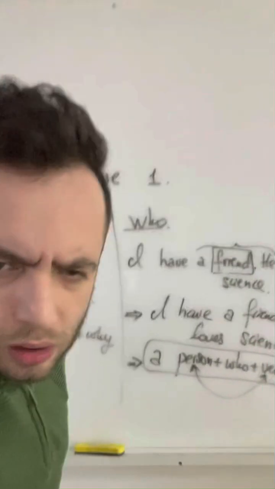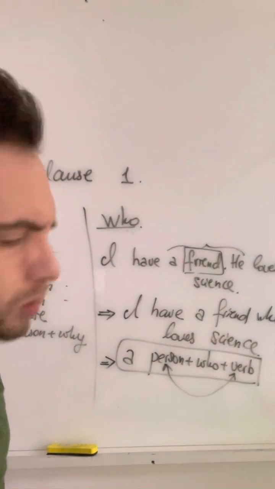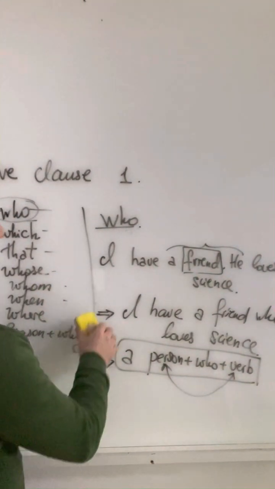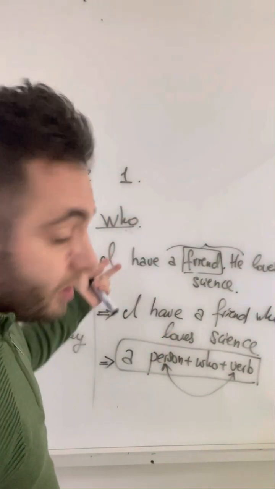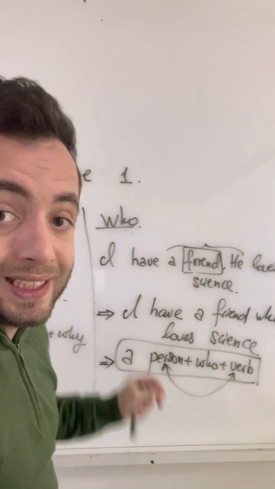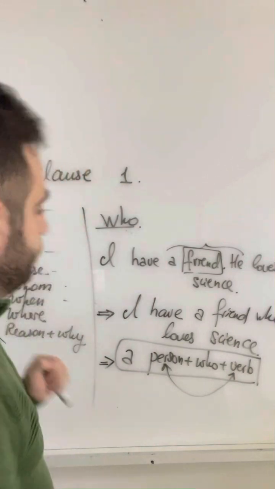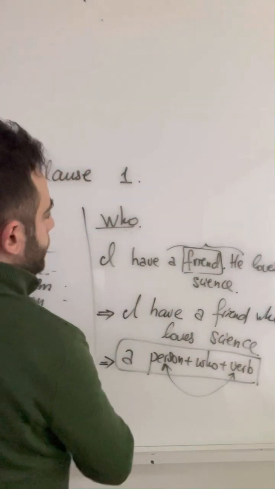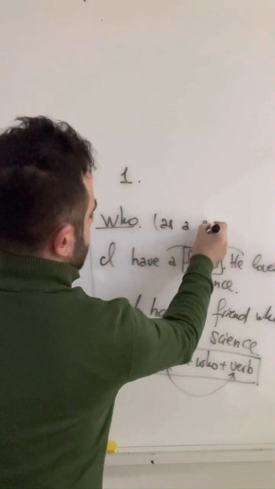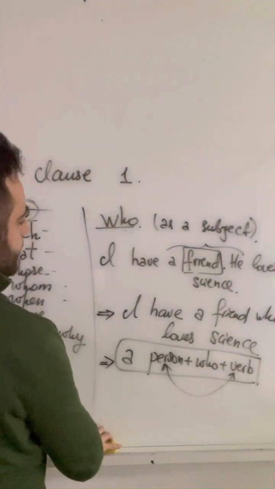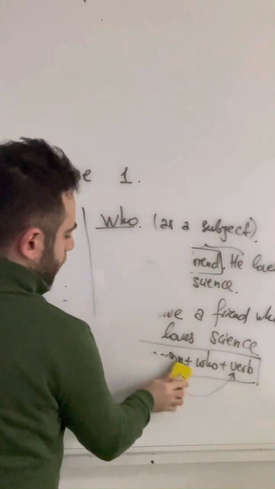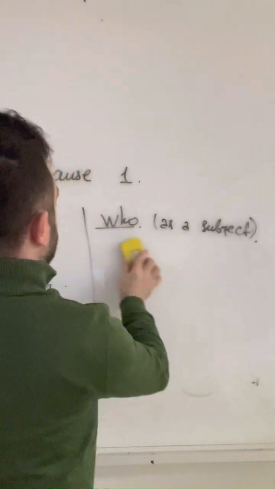Now we can continue with which. But one more point here is that in this explanation, I use who as the subject of the sentence. Let me erase now to clean this part and move on to the second part.